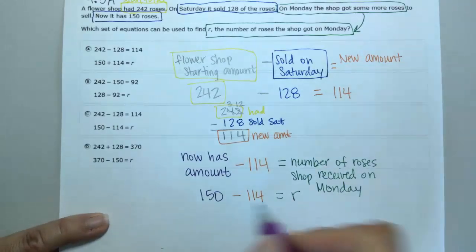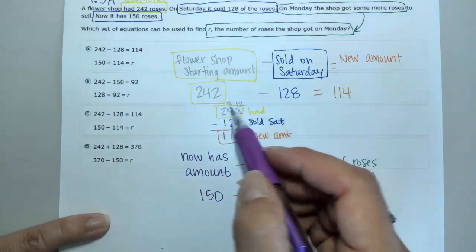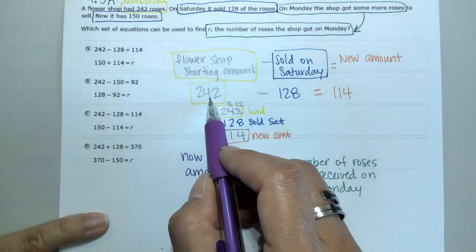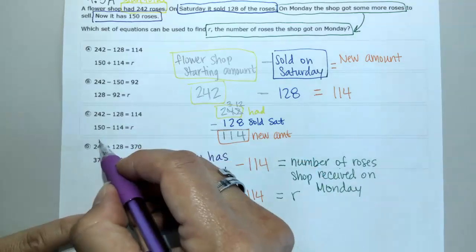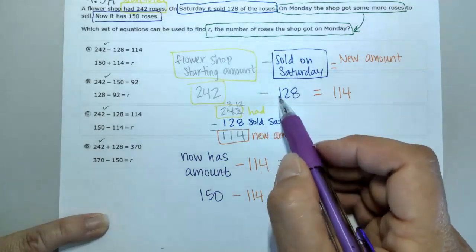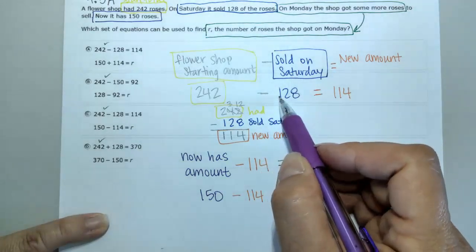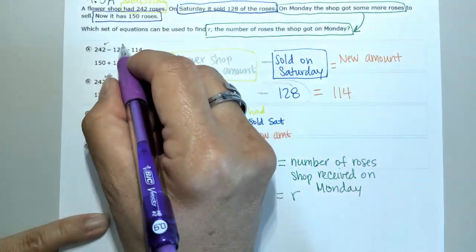So remember, I don't need to do another step. I need to figure out which equations match. So I'm going to go over here and I'm going to look at my answer options. So my starting amount, the amount the flower shop had, is 242. Okay, that checks out on all of them. Now I'm going to take away the amount that was sold on Saturday. So I need to look for answer options that are taking away 128.